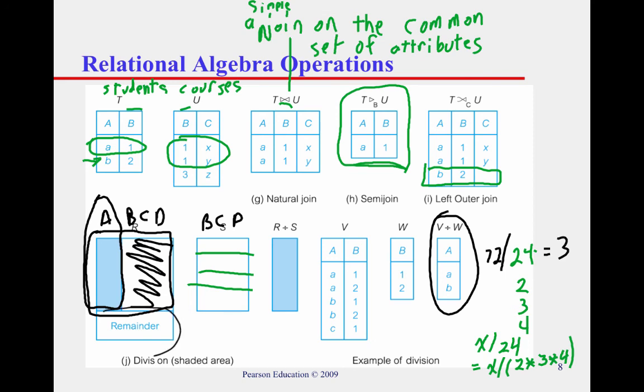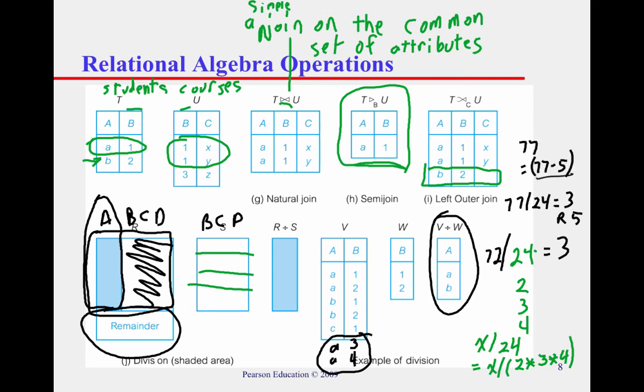Okay, and then down here you have the so-called remainder. If I had something like A3 and A4, this is a remainder because they are not part of W. It's as though, and now I know it gets breaking down a bit, but let's say I divide 77 by 24. It's like 3, and there's a remainder of 5.